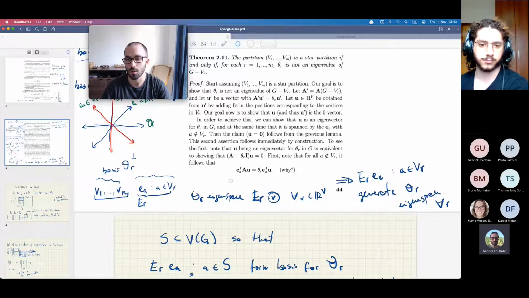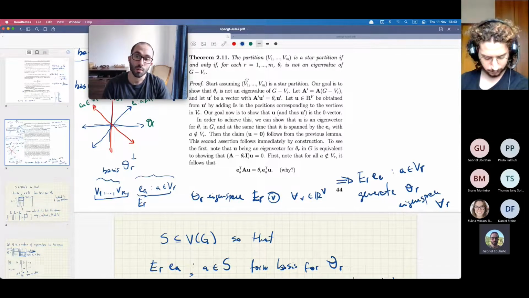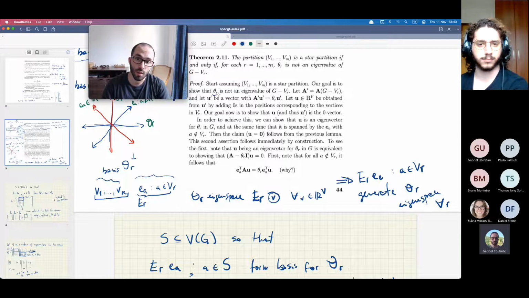So let me erase. Do I want to erase? No, I want to simply start treating. So start assuming that you have a star partition. I want to show that theta r is not an eigenvalue of G with V sub r removed. Simply denote A prime to be the adjacency matrix of this graph, right?